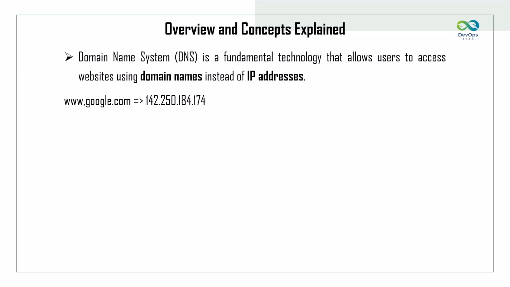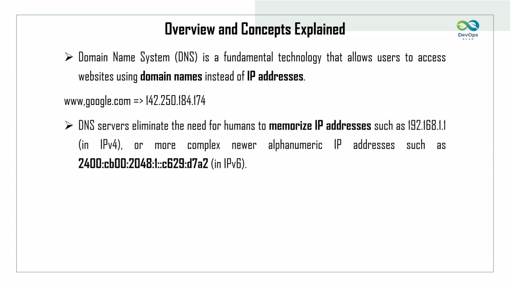So what a DNS does is basically to take the name and resolve it back to an IP. And one of the important things that the DNS also does is that it helps us eliminate the need for us as human beings to memorize IP addresses, right? Because IP addresses can change. So if google.com's IP address changes tomorrow, that means I have to memorize a new IP. But if it's the DNS name, the name will remain, all right?